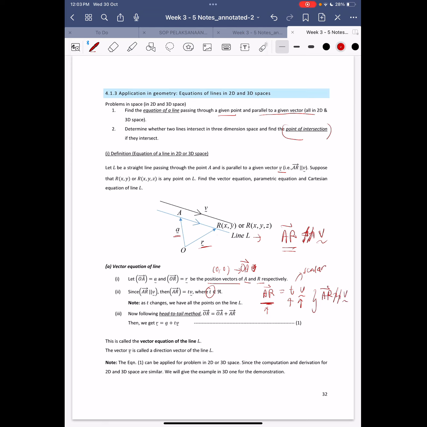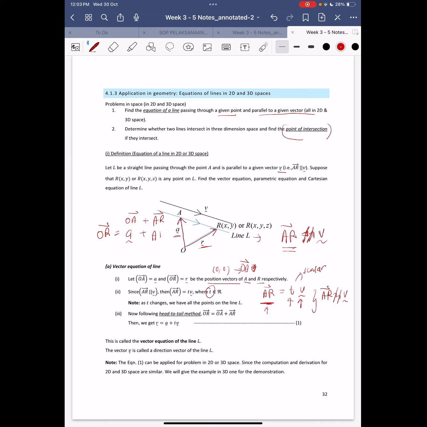If we follow the head to tail method, to find the resultant OR, we need to add OA plus the vector AR.